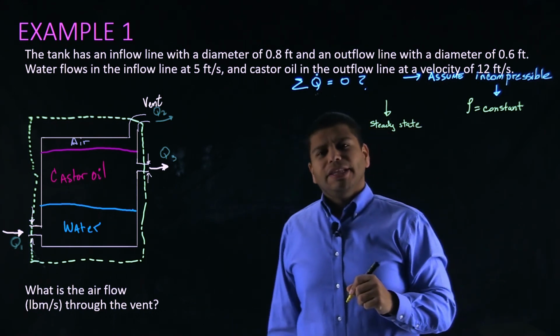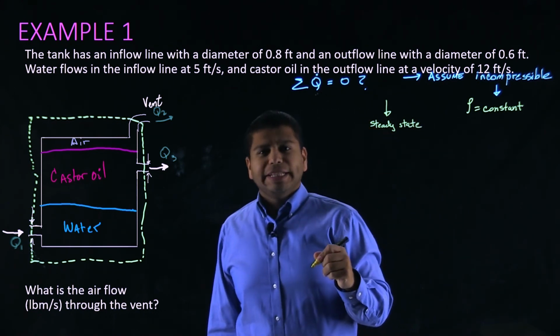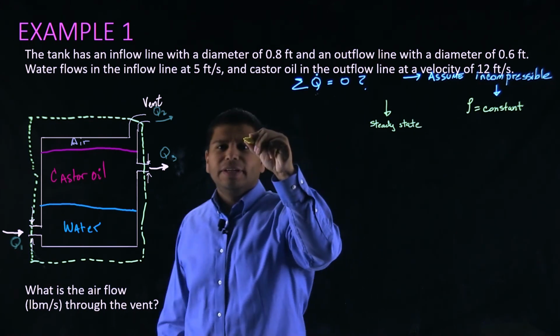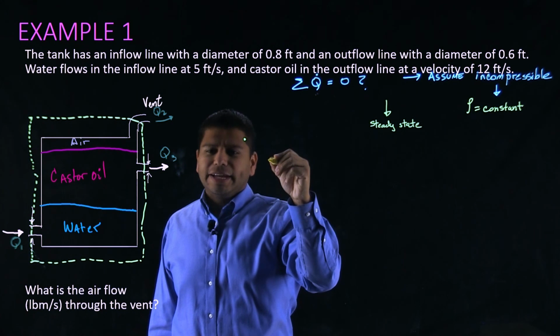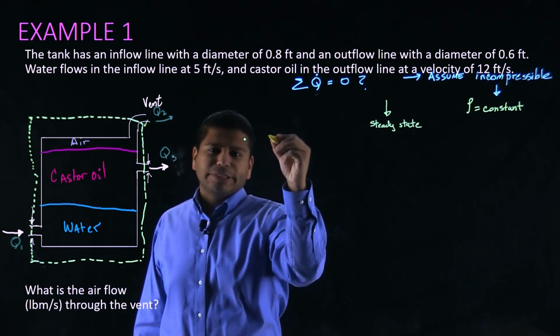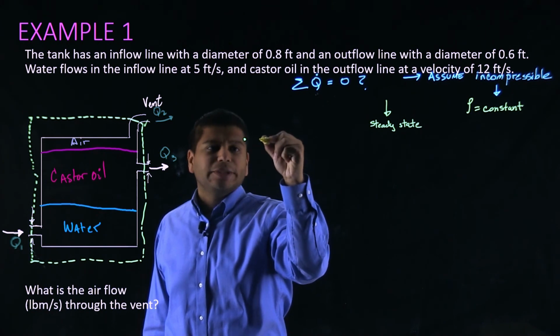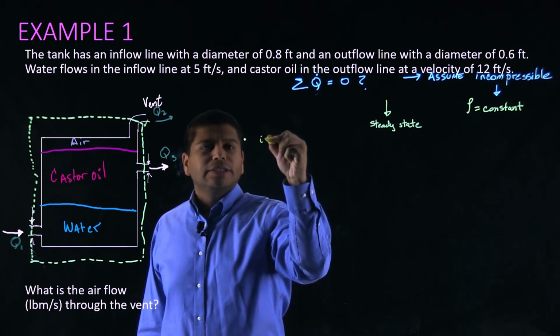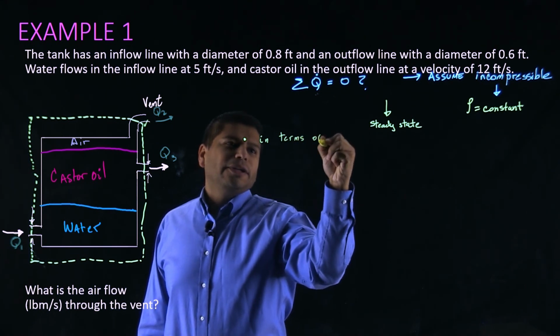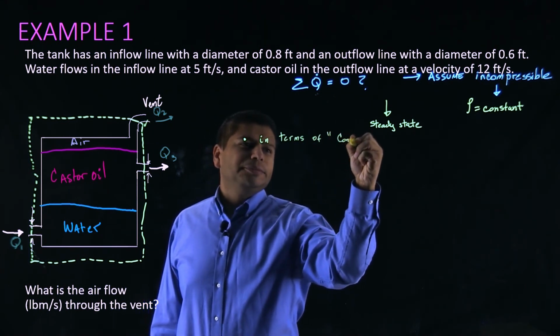Even though we know that the densities are different, you may be asking yourself, how can I do this over this particular surface? So we're going to introduce a topic called the control volume.